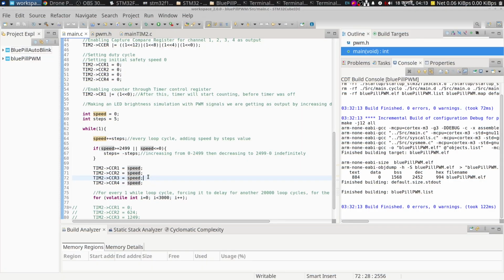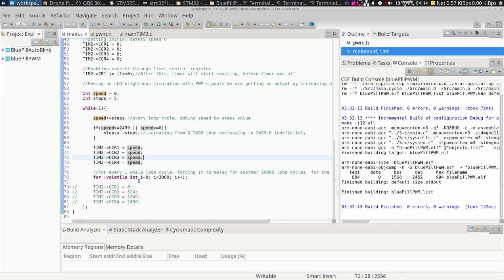The outcome is that we are going to get a 400 Hz signal from this 72 megahertz clock, and we are modifying the duty cycle of the signal. We're controlling from 0 to 100% of the duty cycle, then back from 100% all the way down to 0. We are completely controlling the whole signal.